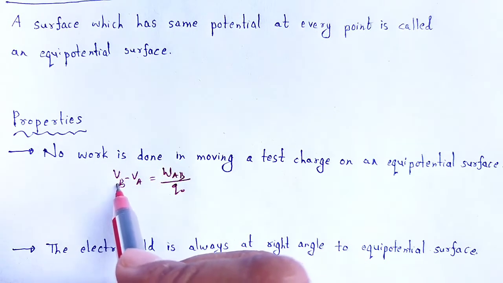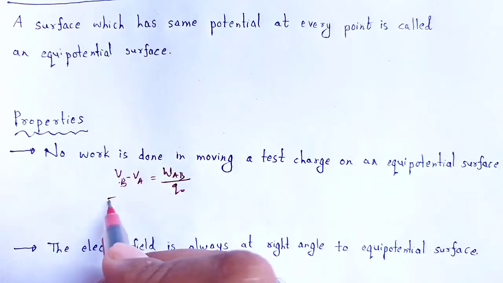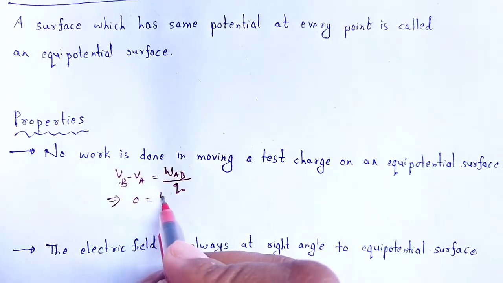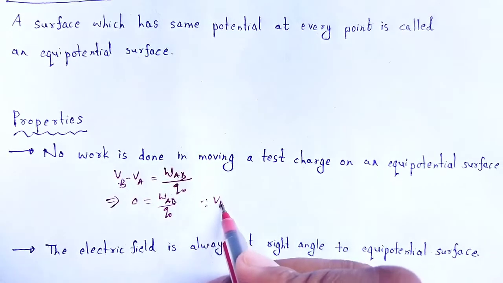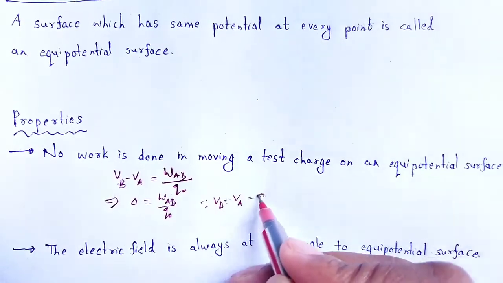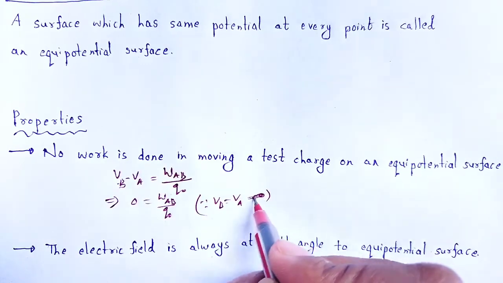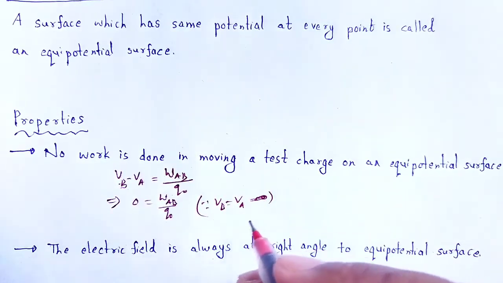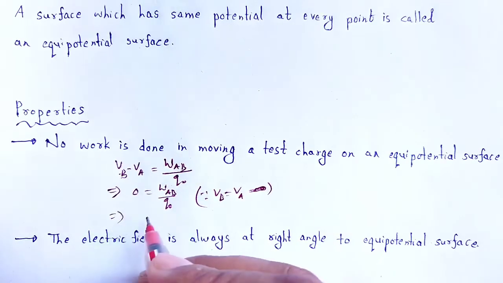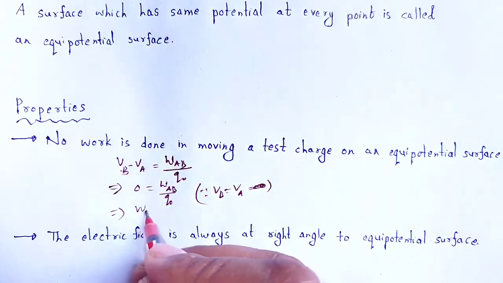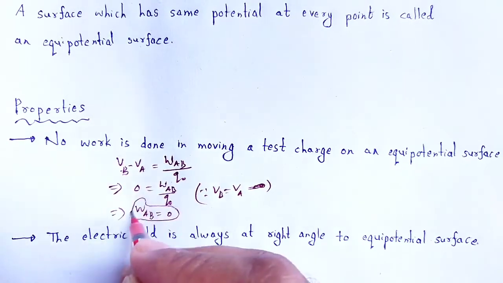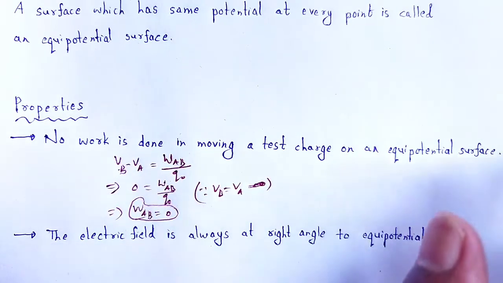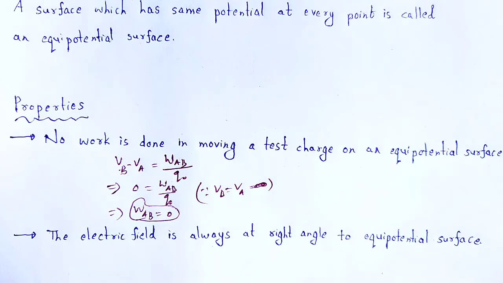So VB minus VA will be 0, which equals WAB divided by Q naught, as VB is equal to VA. Therefore, the work done WAB is Q naught into 0, that is 0. So, no work is done in moving a test charge on an equipotential surface.